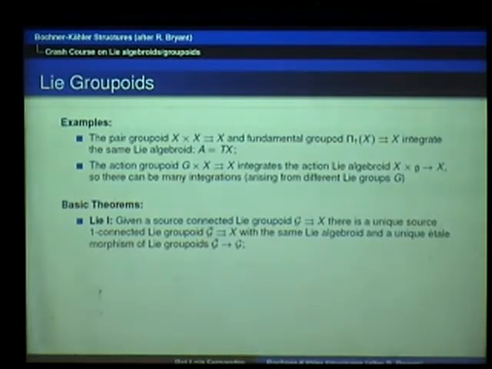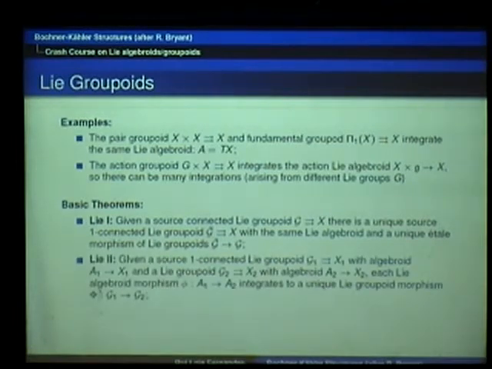But so given a source-connected Lie groupoid, there is a unique source-simply connected Lie groupoid, which has the same Lie algebroid, and which is a covering of the groupoid you started with. Okay? Just like for Lie groups. Given a Lie group, there is a unique simply connected Lie group covering it with the same Lie algebra.